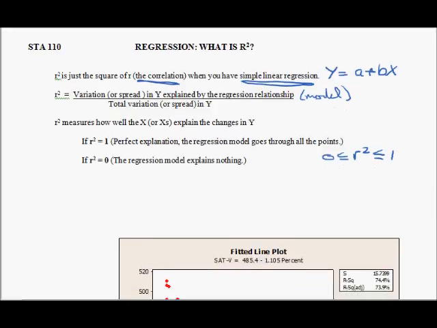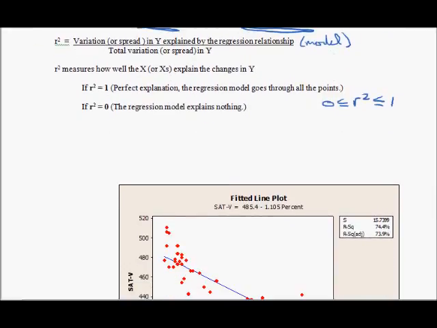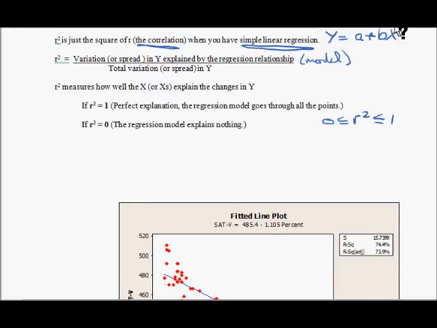Let's look at that first one first. R squared is the square of the correlation when you have simple linear regression. So let's look at an example here. In this example, we have simple linear regression, right?